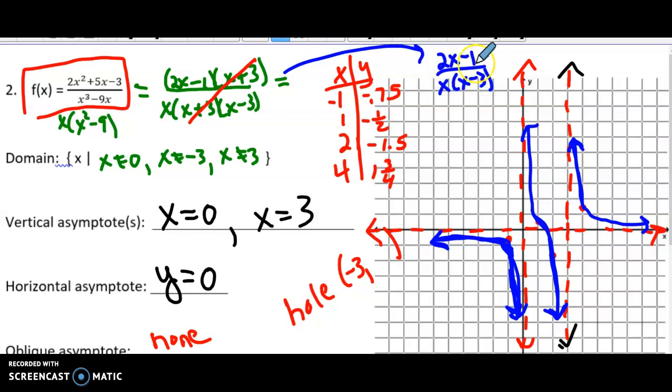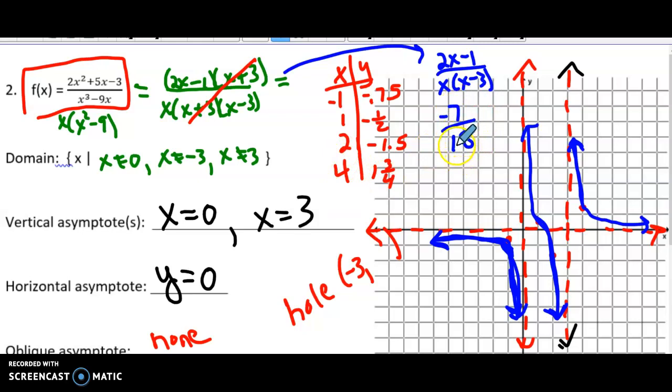And if I put -3 in there, I get 2 times -3 is -6, minus 1 is -7. I get -3 times, what's -3 minus 3? -6. -3 times -6, that's positive 18.